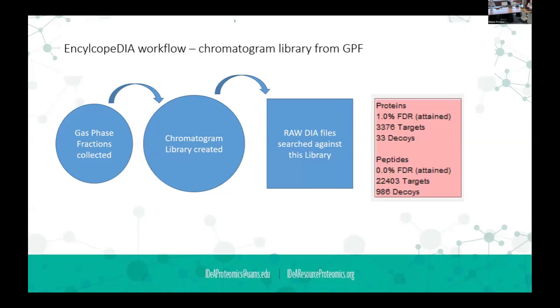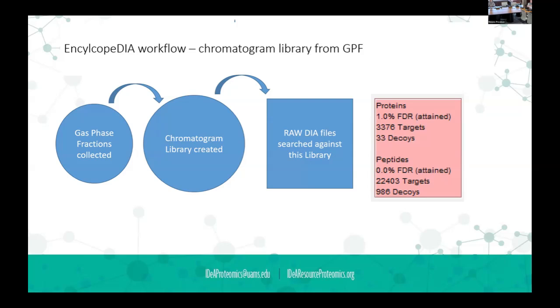You take your gas phase fractions, create a chromatogram library, and then search your sample files against it. The output from Scaffold DIA for this particular study, which is a different study, was actual tissue: carotid artery from a mouse model that we had back in July.